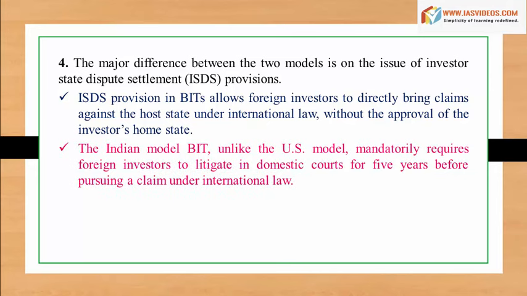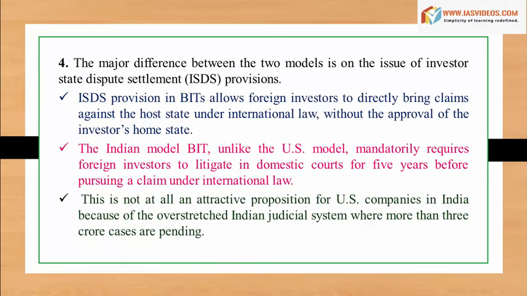The Indian model BIT, unlike the US model, mandatorily requires foreign investors to litigate in domestic courts for 5 years before pursuing a claim under international law. This is not at all an attractive proposition for US companies in India because of the overstretched Indian judicial system, where more than 3 crore cases are pending.